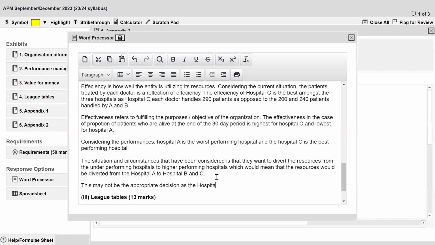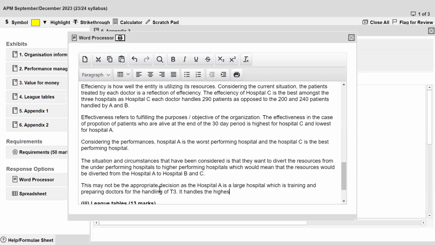As hospital A is a large hospital which is training and preparing doctors for the handling of T3.